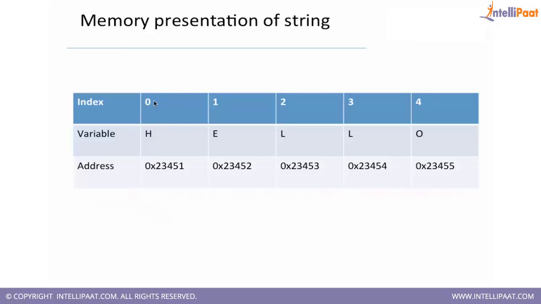Here it's a character array, and h is stored at index 0, e is stored at index 1, similarly l, l, o, and each index has an address associated with it. How we will be using the addresses, we will cover in a section called pointers, but there is some address associated with the variable.